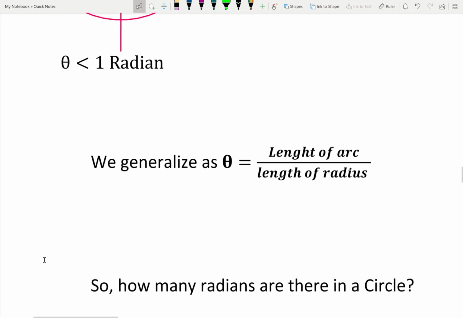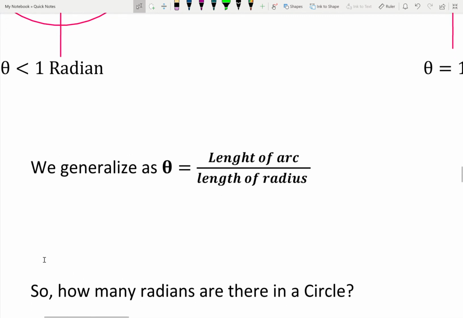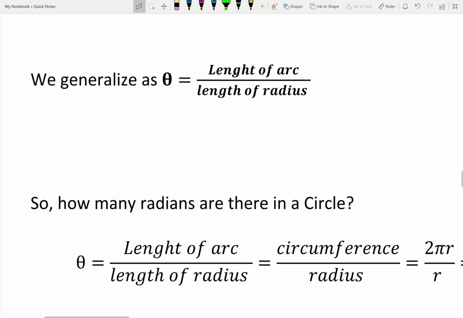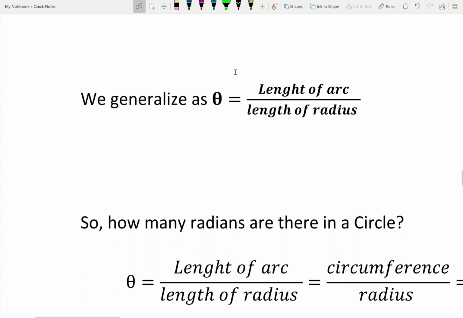So the question we should figure out is how many radians are there in a circle? Let's use this generalized formula to help us solve that. The total length of the circle is also known as the circumference. And the length of the radius is just the radius.